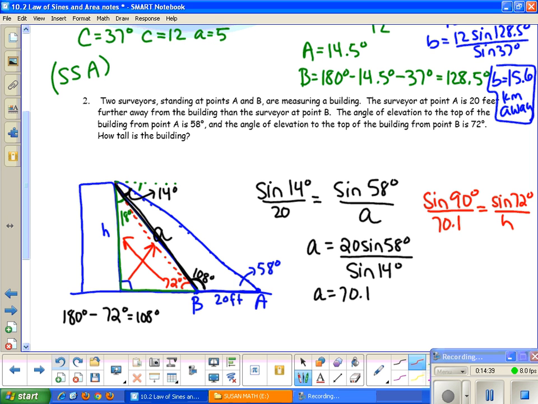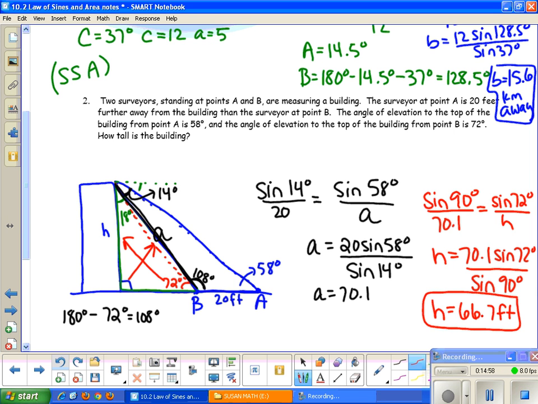Cross multiplying and solving, H is equal to 70.1 times the sine of 72 degrees divided by the sine of 90 degrees. So H is equal to 66.7 feet.